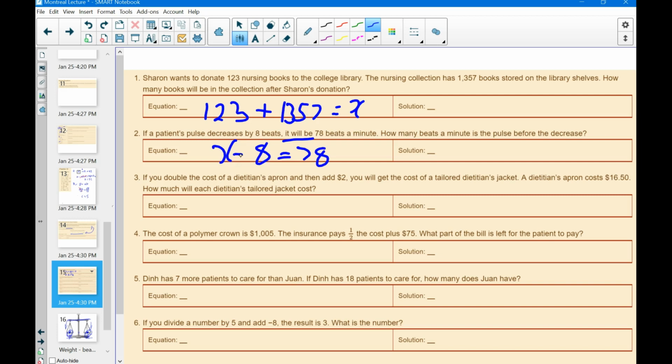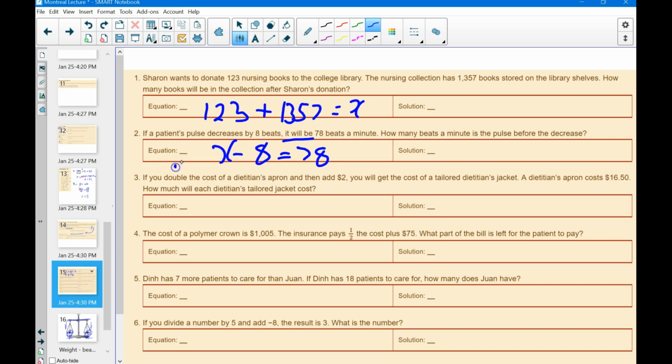It's not a big deal. I'm just going to run through a couple of these. If you double the cost of a dietitian's apron and then add $2, you will get the cost of a tailored dietitian's jacket. The dietitian's apron costs $16.50. How much will the dietitian's tailored jacket cost? So let's break this down.